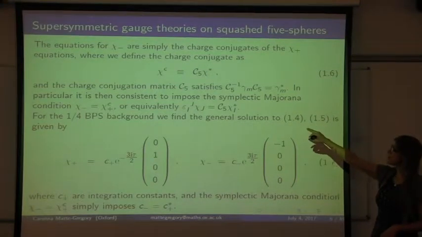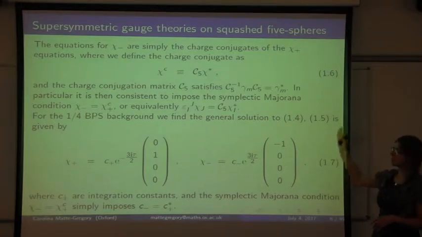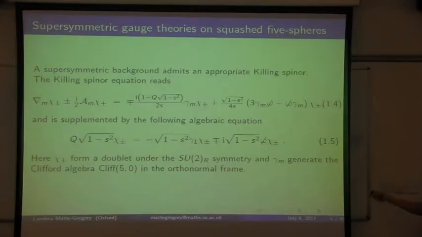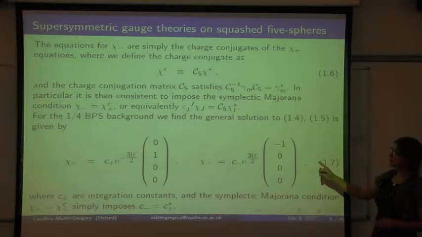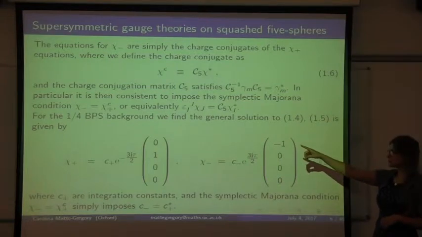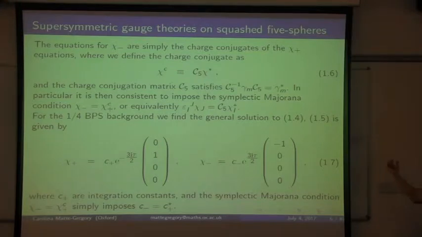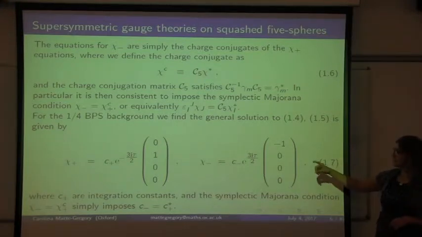This is consistent with imposing a symplectic Majorana condition, so chi minus is equal to chi plus conjugate. We can use that to relate the solutions that we get from those two equations we had just before. In the case of k equals -3, I have the quarter BPS solution, which is a much nicer solution that we're going to see in the next slide.